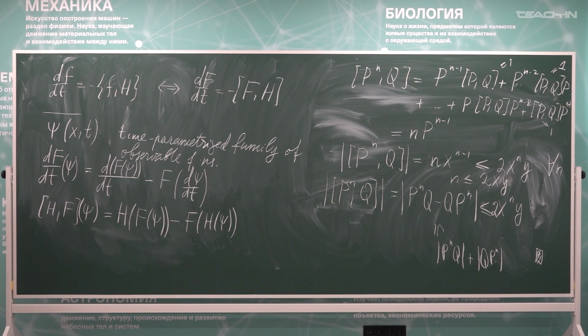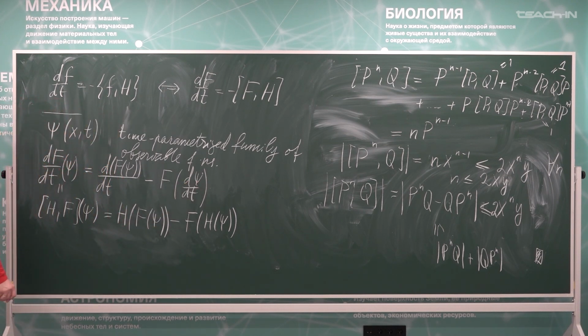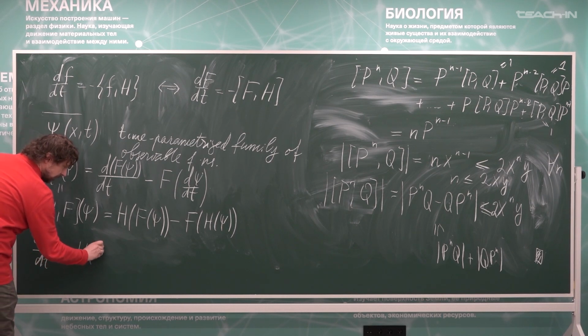And it follows immediately by comparing this left-hand side and right-hand side, which should be equal by this equation, that the corresponding equation verified by psi is d psi/dt equal to h of psi.